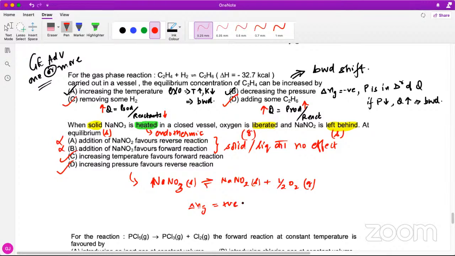Why is heated endothermic? Because sometime I remember you had said it was exothermic also.